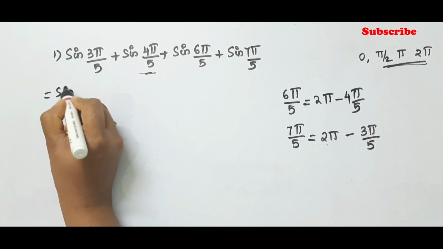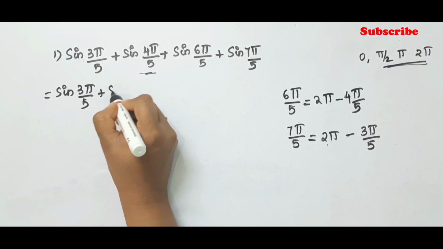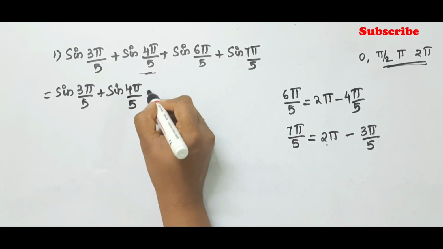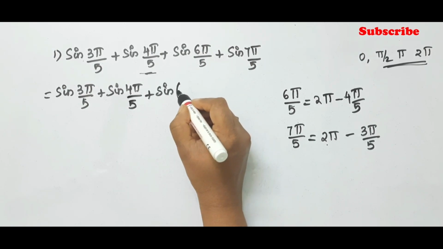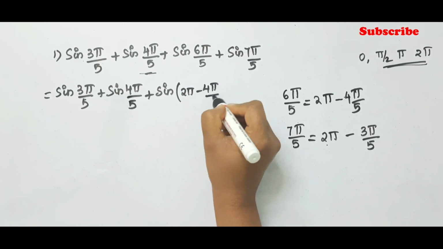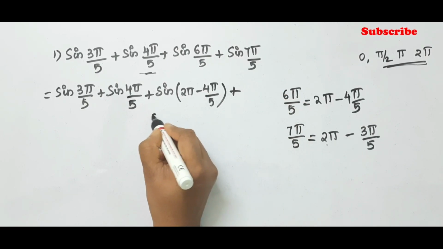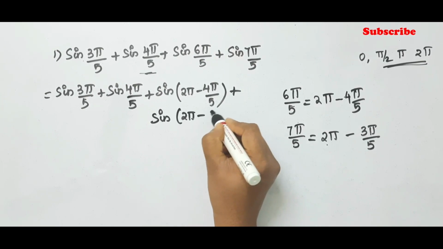So this becomes sine 3 pi by 5, which we didn't change, and sine 4 pi by 5, which we didn't change. Next, this angle we have transformed as 2 pi minus 4 pi by 5, plus this angle we can change as sine of 2 pi minus 3 pi by 5.